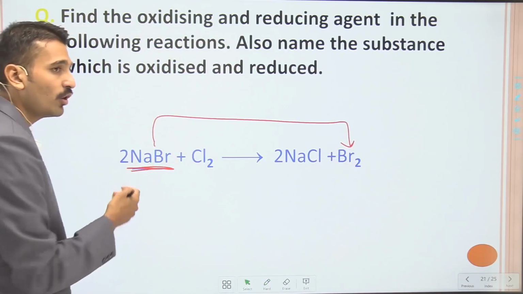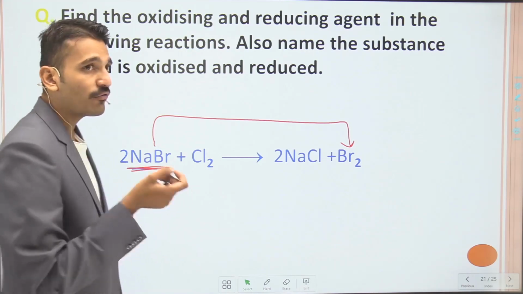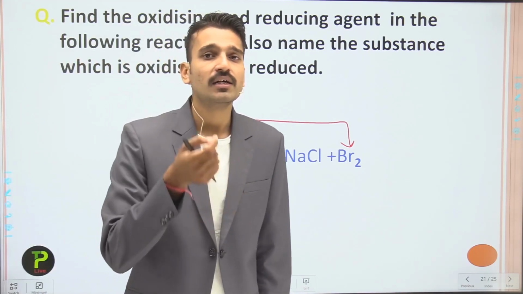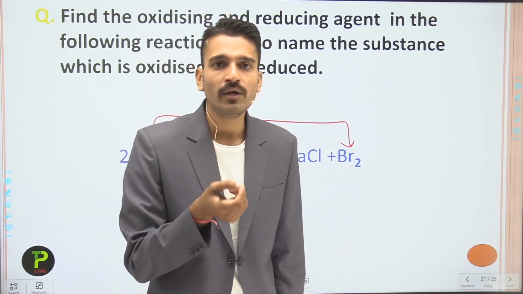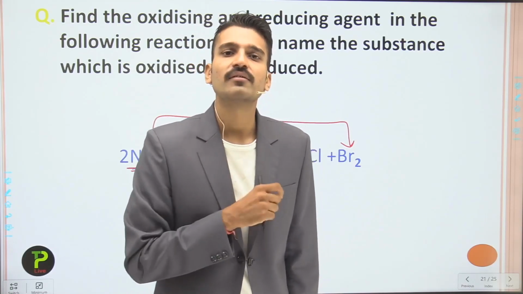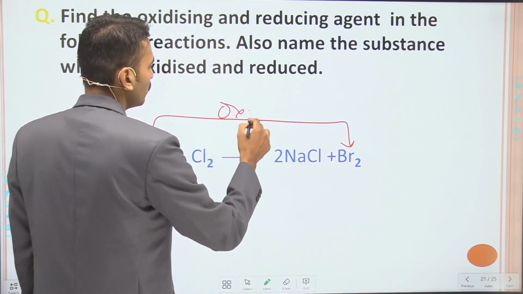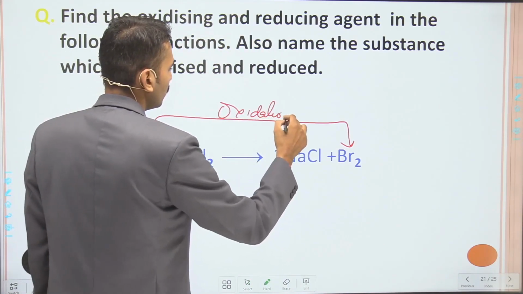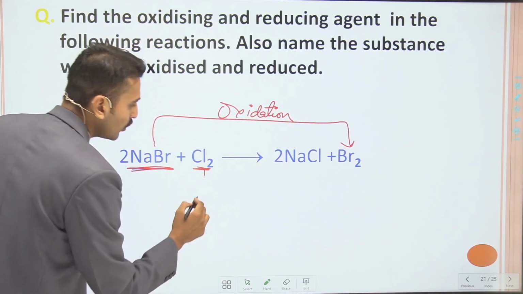So there is removal of sodium atom from NaBr. So the removal of electropositive element from any compound is termed as, yes, oxidation. So here it is oxidation.